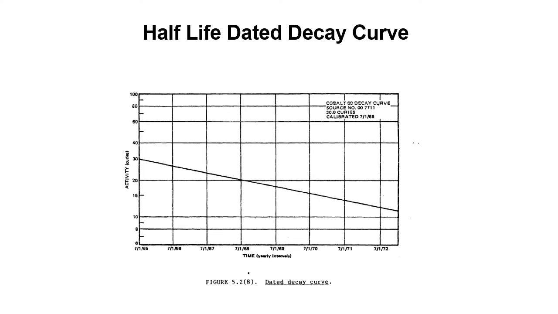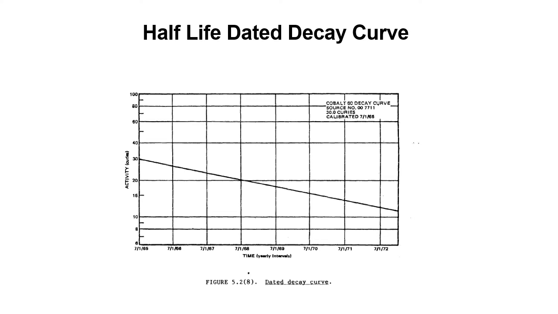So our half-life for this material, Cobalt 60, is 5.27 years. So you can see at July 1st, 1965, you've got 30 curies of activity. Then 5 years later, on July 1st, 1970, you're down to about 15 curies of activity. And it just keeps going like that.